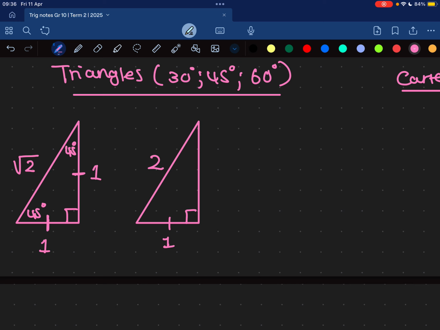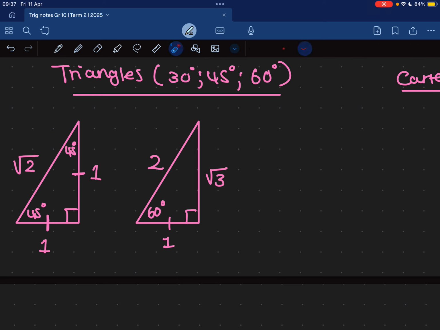Again, we can use Pythag to find that this side is going to be the root of 3. And then we have our angles. The angle on the base of this triangle, between the two bigger sides, is going to be 60 degrees.